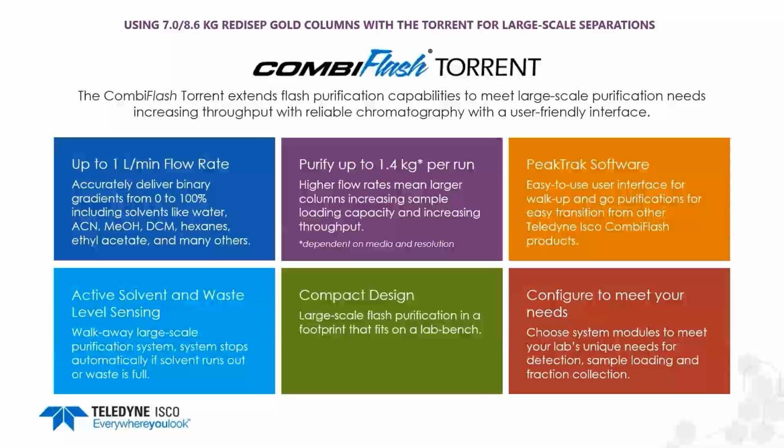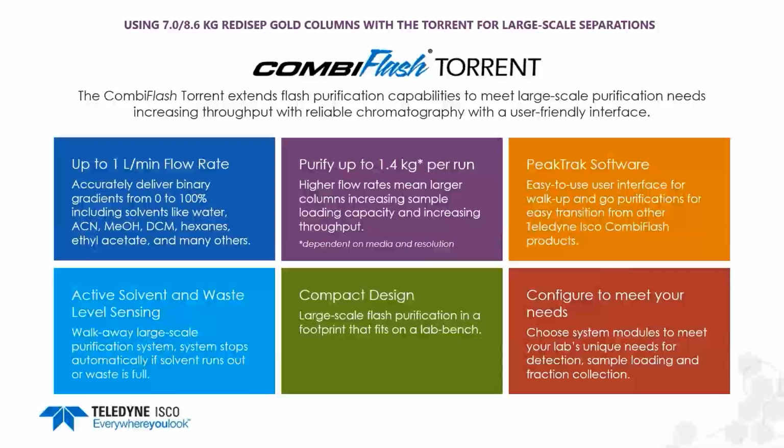When we're doing large-scale separations, the CombiFlash Torrent is designed with large-scale purification in mind. It takes all the friendly user interface that you're familiar with from our CombiFlash Next Gen and Peak Track software, and then allows us to scale up for 1 liter a minute flow rate. It can deliver any binary gradient from 0 to 100%.